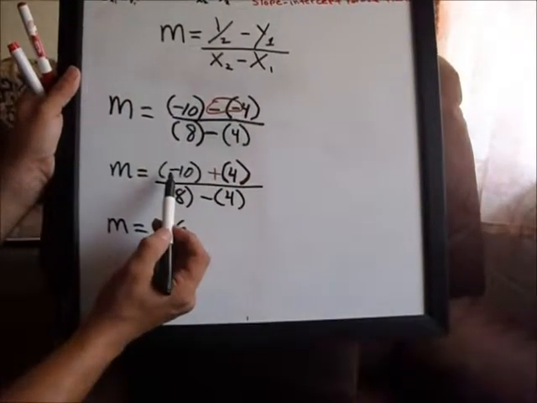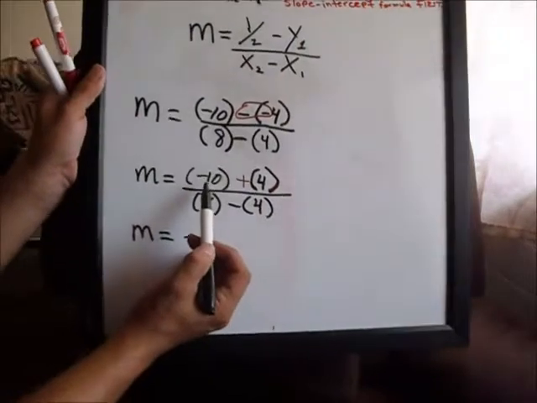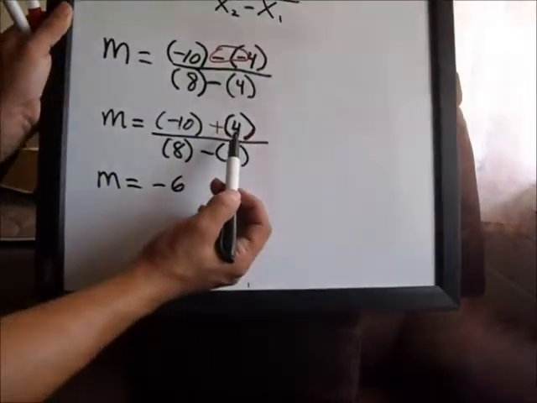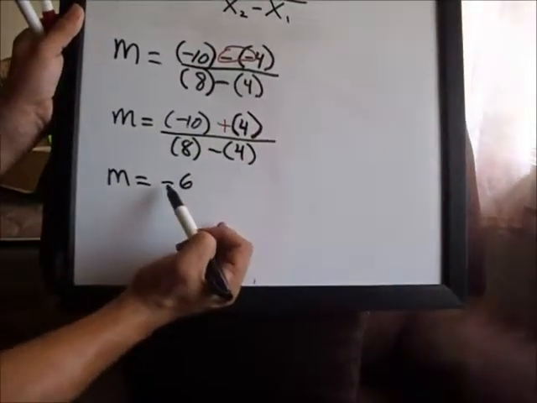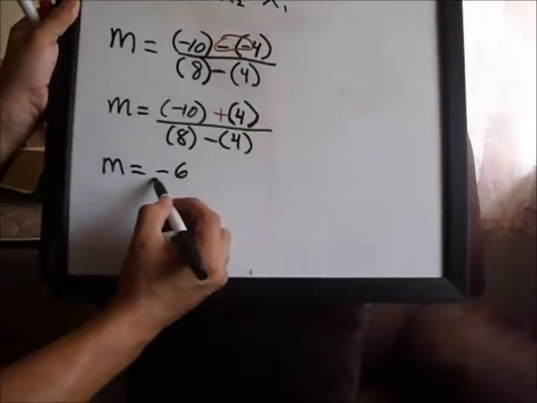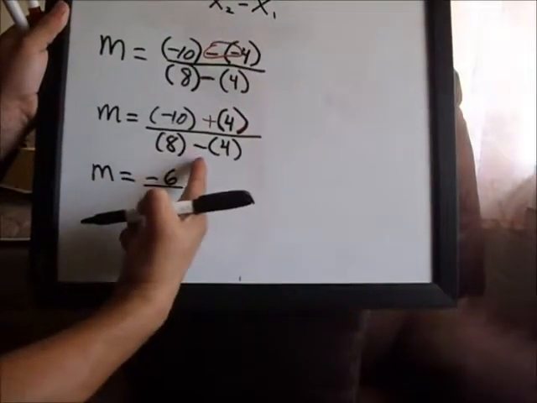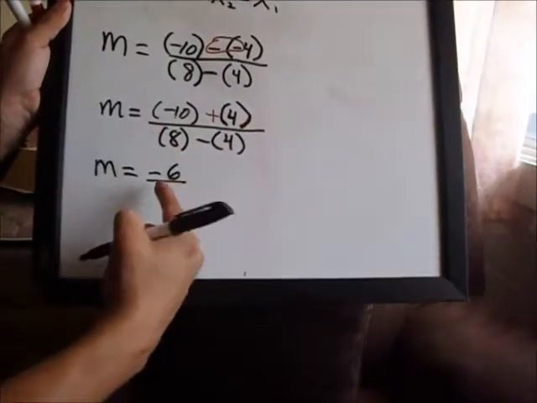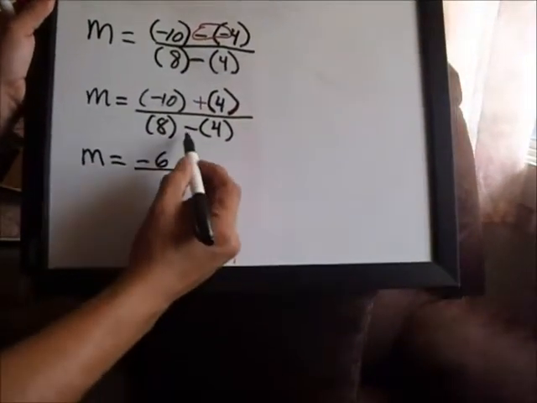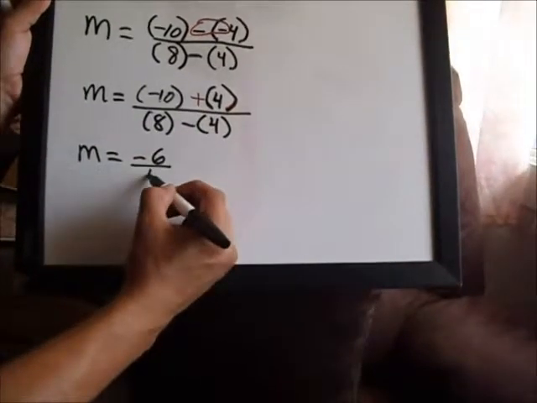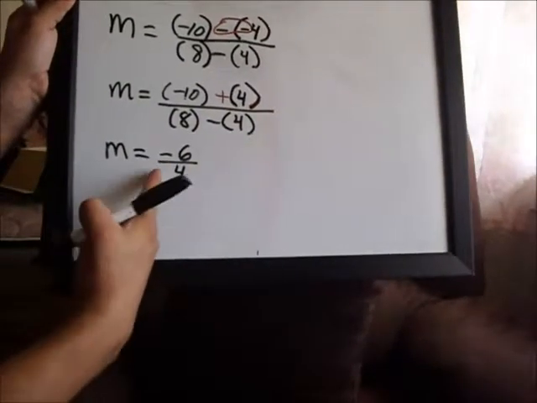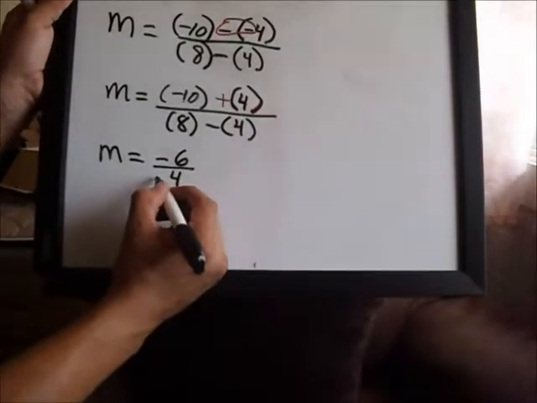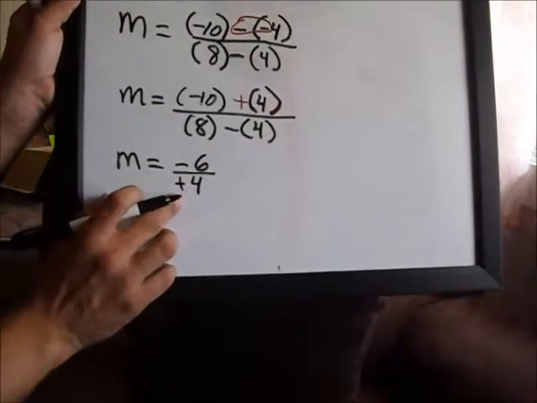It's like saying you owe $10 and you pay only 4, but you still owe $6. Negative 6 over 8 minus 4. Notice that the biggest number is a positive, so the answer is going to be positive. 8 minus 4 is 4. That's a positive, it has an invisible positive, but we don't put it there.